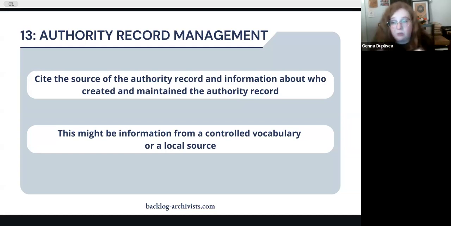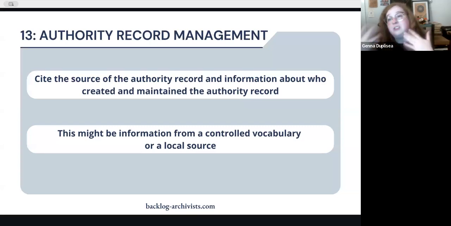So if you are creating authority records to standardize how to talk about these people in your own local systems, it's important to cite and explain how you came to decide on how you're referring to each of these people. Maybe you're referring to all the women by their maiden name, or you're formatting maiden name, married name a certain way, or someone had 6 marriages and you have to decide how you're going to format all of their names.